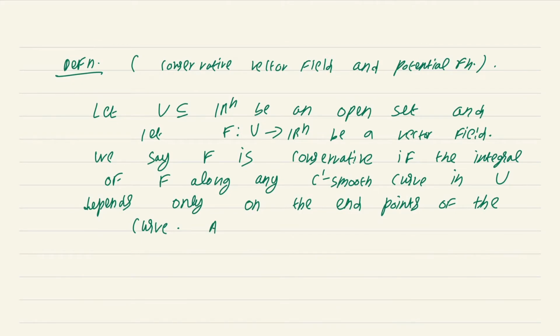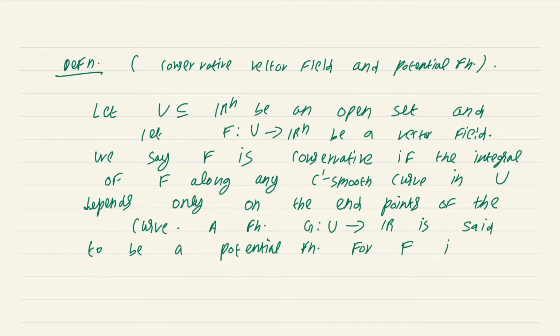A function g from U to R is said to be a potential function for F if the gradient of g is nothing but F. Essentially, when I say the gradient of g is F, the gradient vector field is exactly the vector field F.